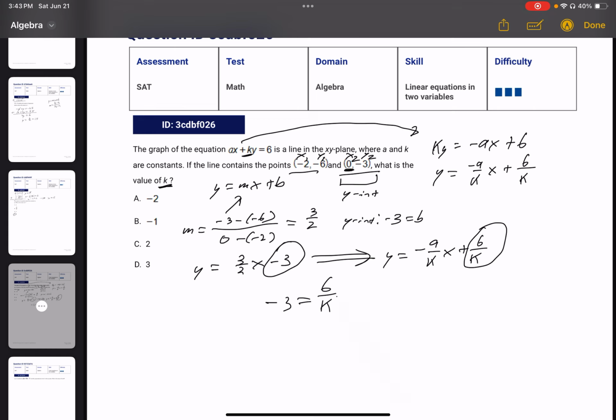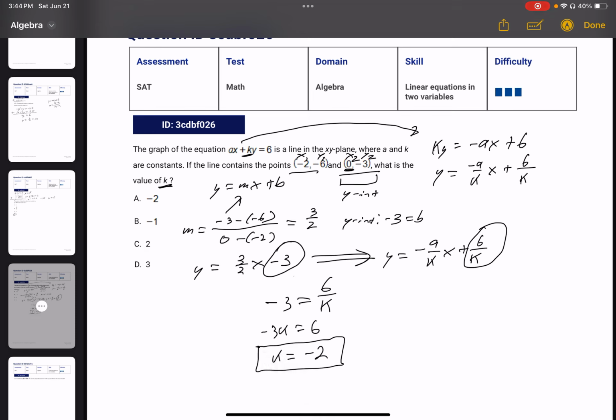So we have -3k is equal to 6, and k is equal to -2. So that's our answer for that one.